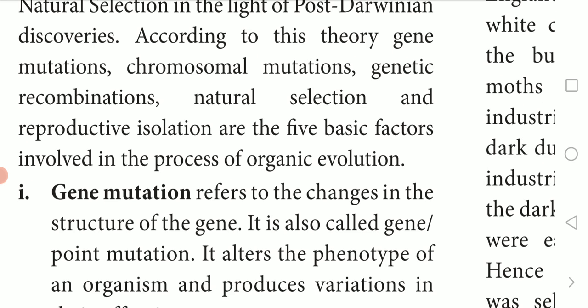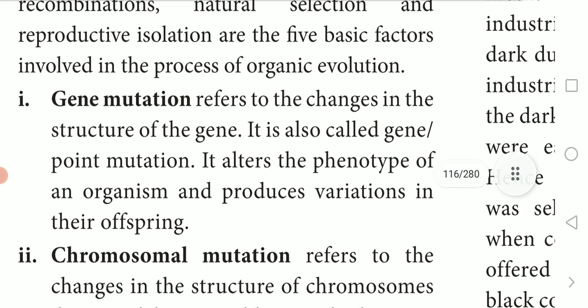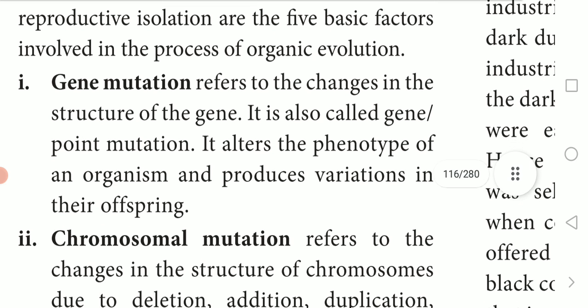According to this theory, gene mutations, chromosomal mutations, genetic recombinations, natural selection, and reproductive isolation are the five basic factors involved in the process of organic evolution.